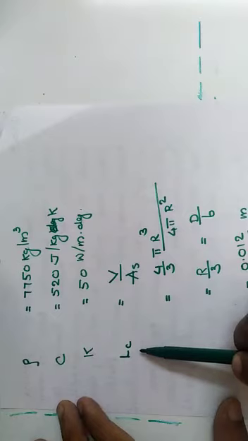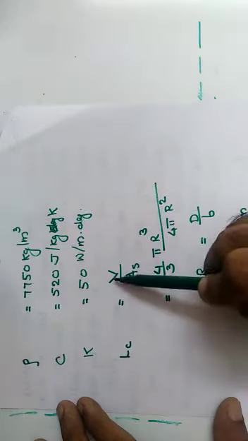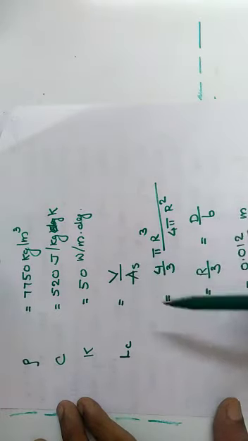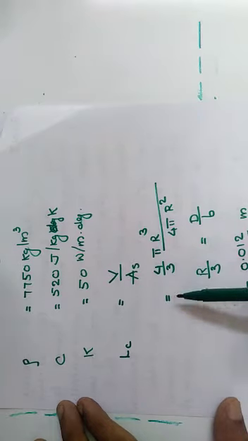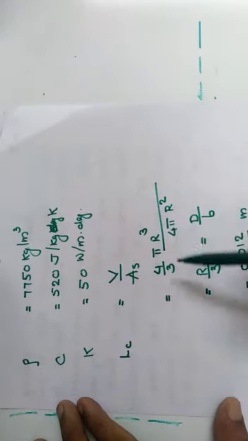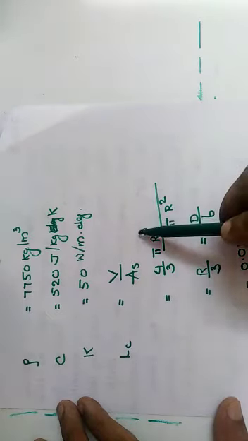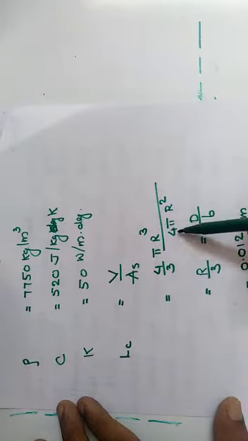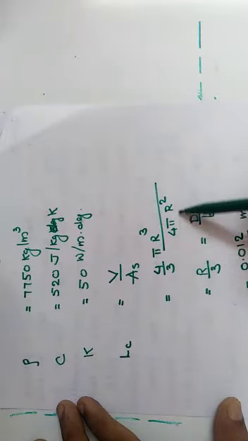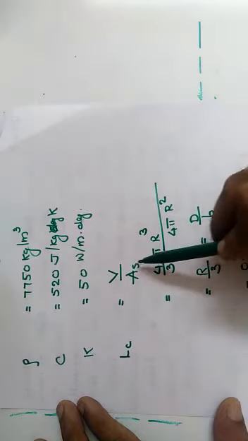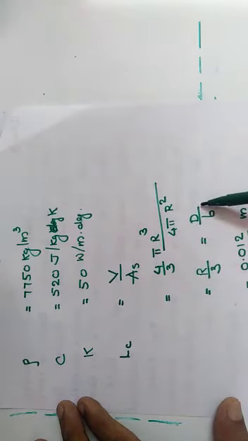The characteristic length Lc equal to V divided by As. Here the particular specimen is in the form of a sphere. So the volume of the sphere is equal to 4 by 3 pi r cube. Similarly, the surface area of the sphere is 4 pi r square. So V by As works out to be D by 6.